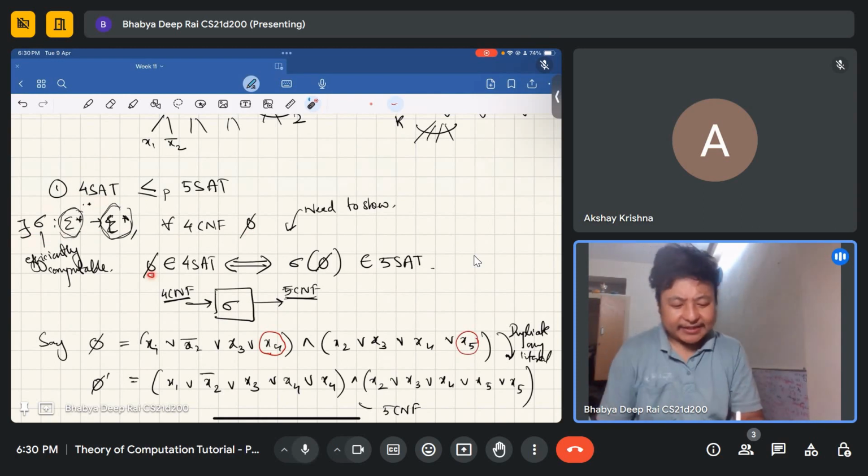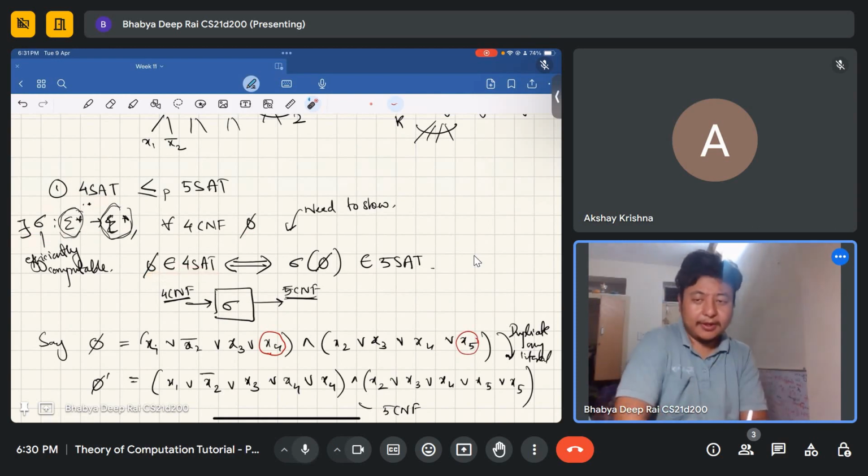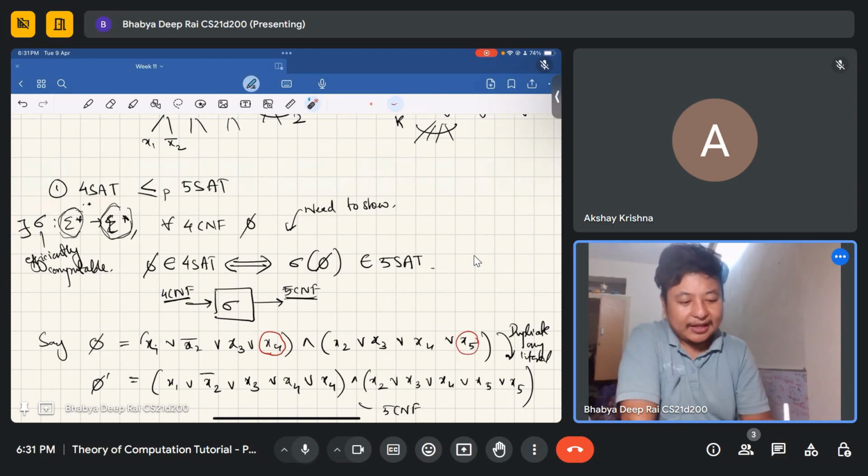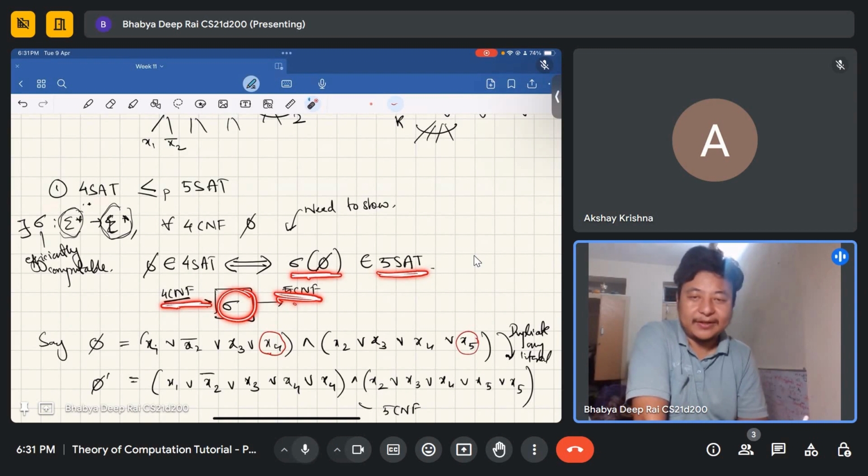If that 4 CNF is satisfiable, then definitely sigma of phi, this transformation, gives a new circuit that is also satisfiable. And since it is an input to a 5 sat instance, it is a 5 CNF. So sigma takes a 4 CNF and converts it to a 5 CNF.